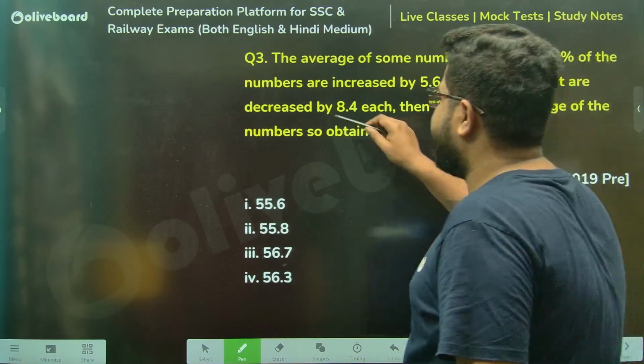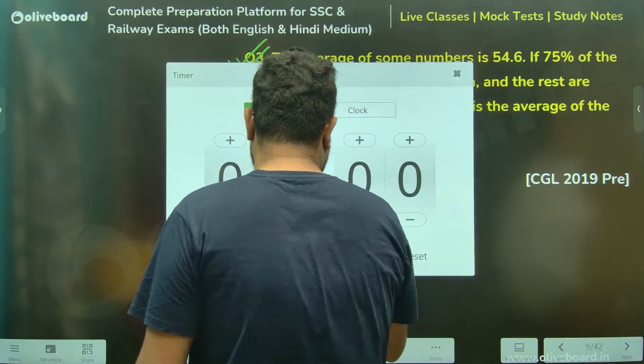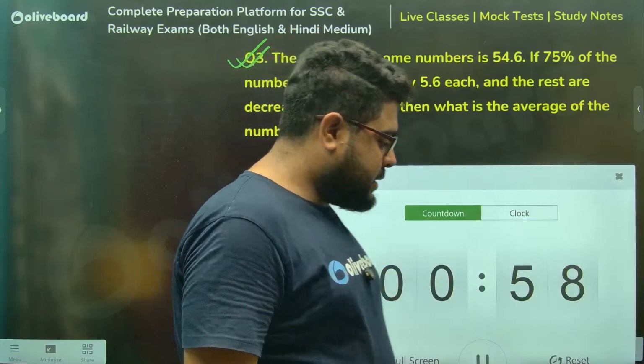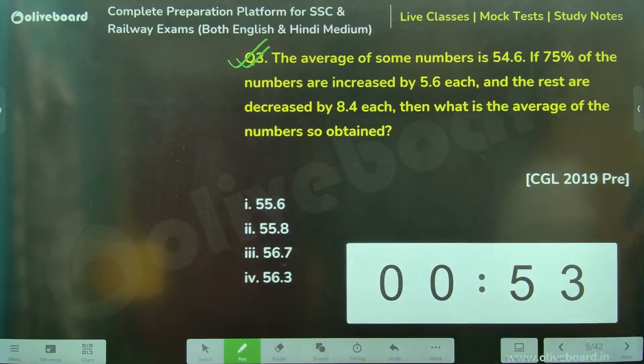Very similar question to question number 2. I will give you guys a minute to solve this. Everyone, try to do this, very, very quickly. You have 1 minute's time. Jaldi.